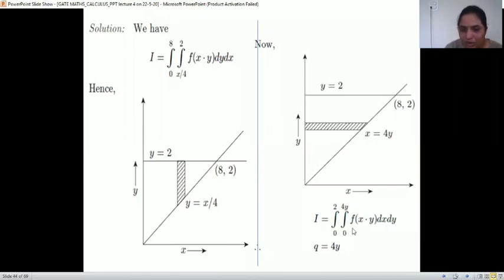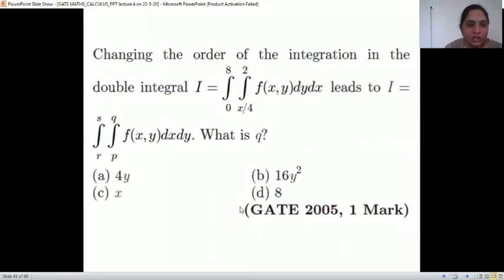The lower limit is x is 0. Then if we rotate the strip, the lower end of the strip is here, where y is 0. And if we rotate above, it will go up to here, and here y is 2. Right? So 0 to 2, 0 to 4y, f of xy, and these are limits of x, so dx, dy. And what is asked to you is q.